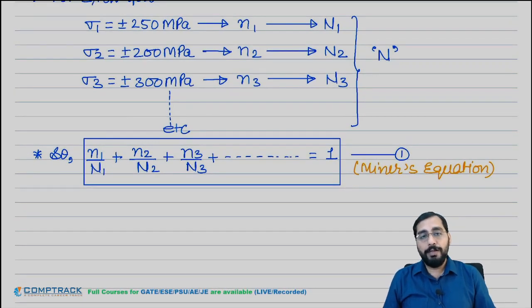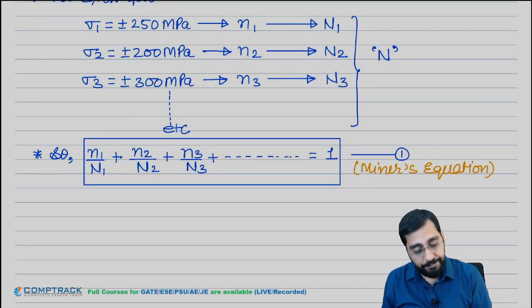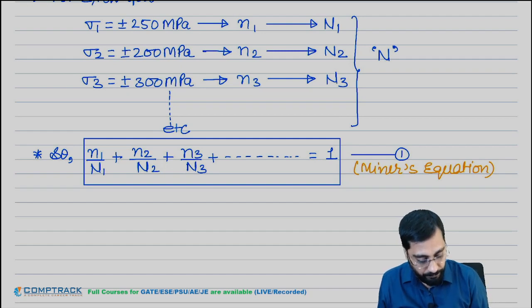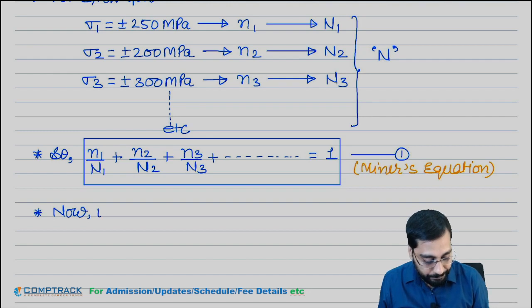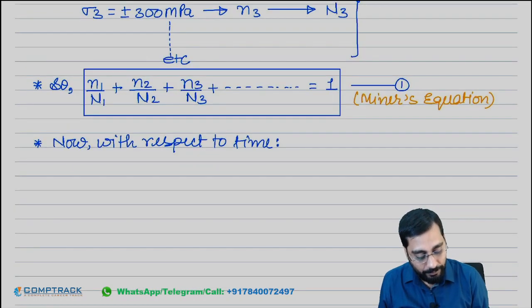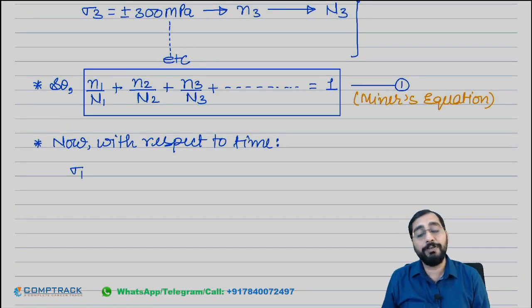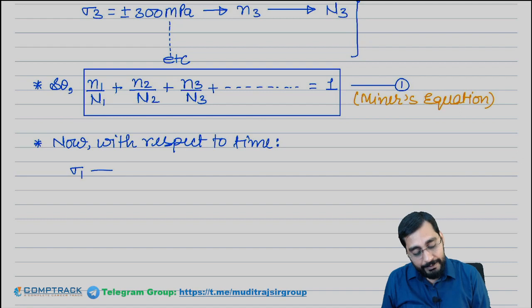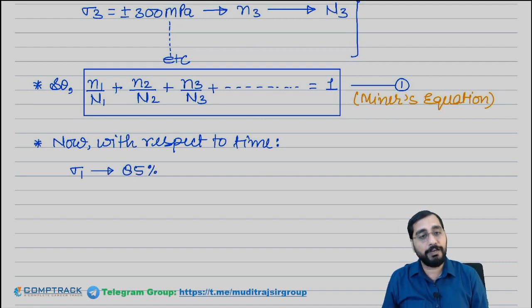Now, with respect to time, let's say when you are applying the sigma 1 stress, it is applied for 85% of the total life.